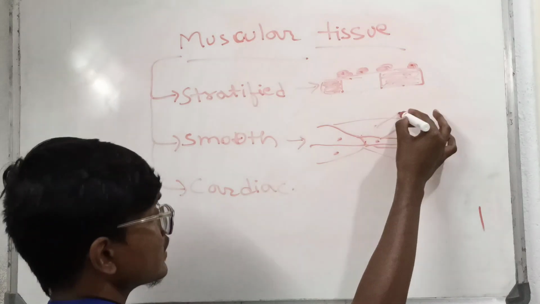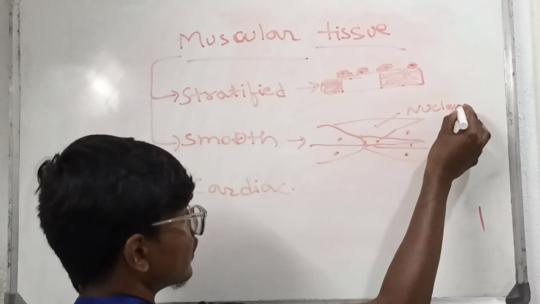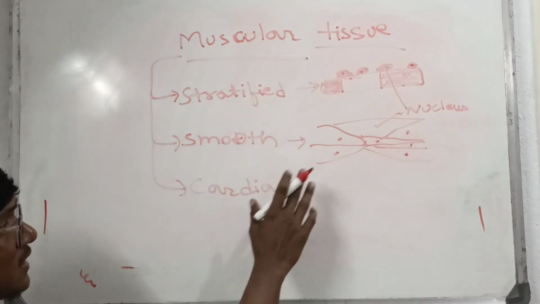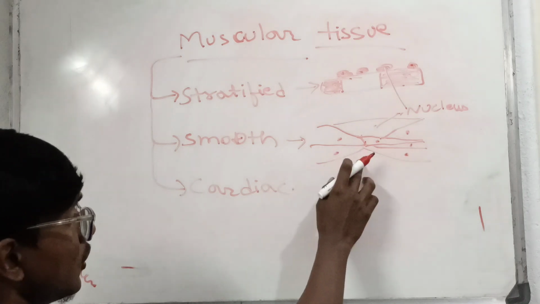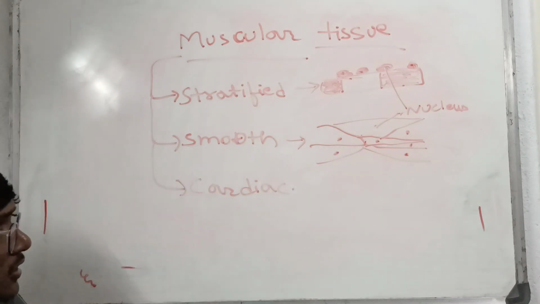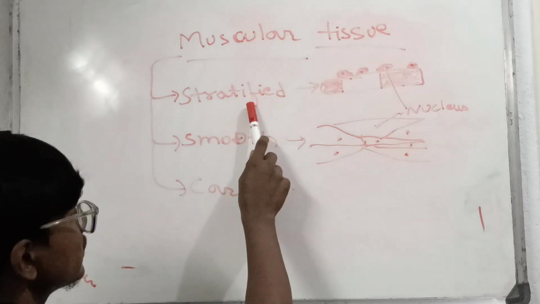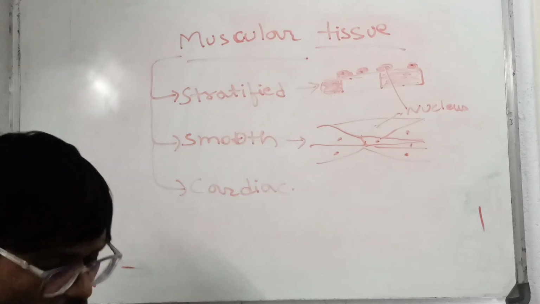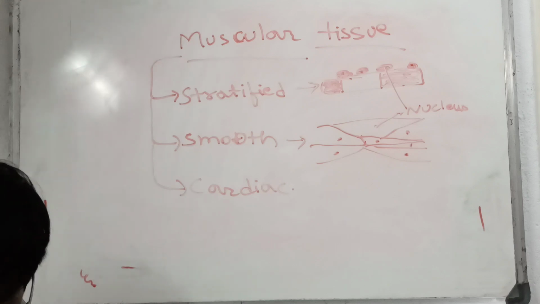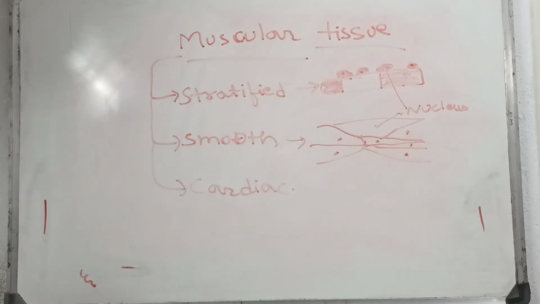These are the nuclei. So this is not striated, or this will not have any alternation of color. This will be smooth in nature. Okay, first is the striated, that is multinucleated. Second is the smooth muscle, that is single nucleated or uninucleated.